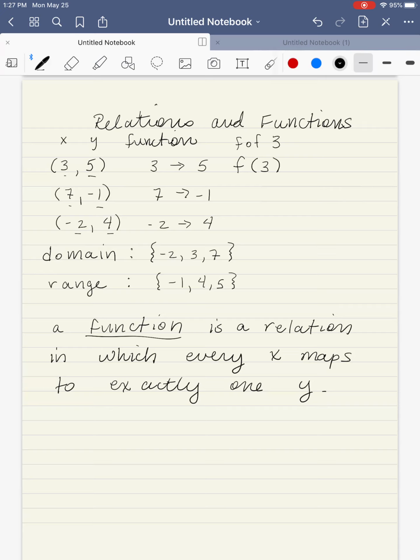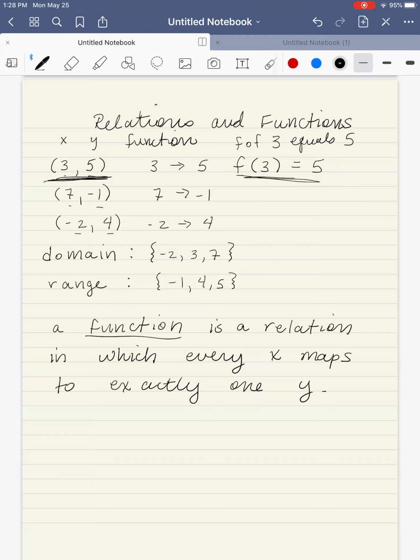So this symbolism, f parenthesis 3 close parenthesis, is read as f of 3. And that's just saying, what does the function f map the number 3 to? So f of 3 maps to 5. So f of 3 equals 5 gives me exactly the same information that this ordered pair does.